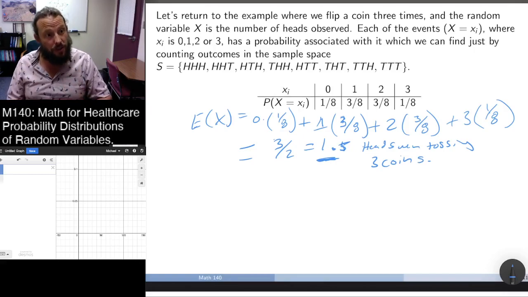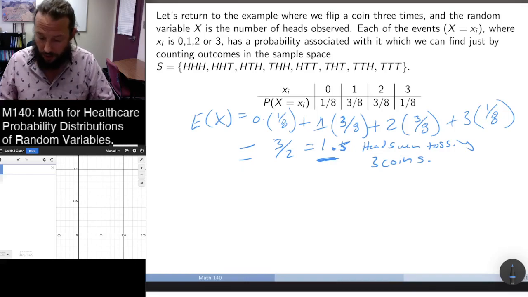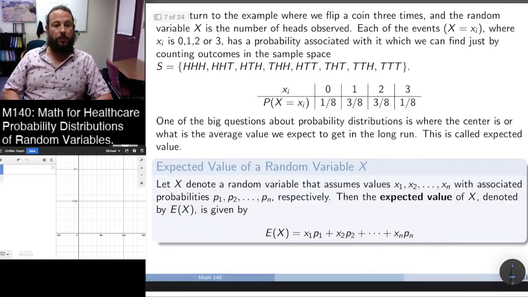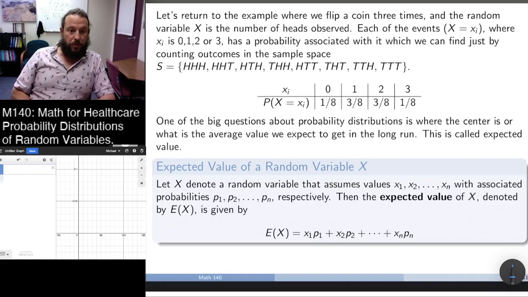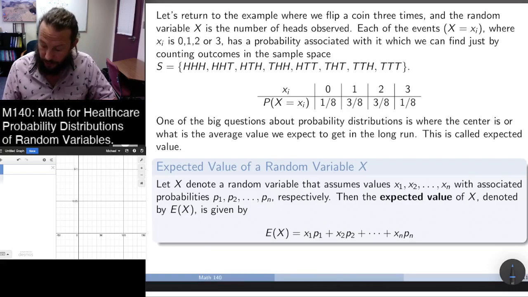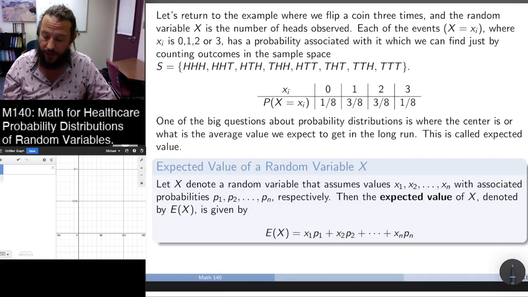And notice there's units involved. They're whatever the units are of my random variable. In this case, it was heads when tossing 3 coins. Okay, so what's our definition here? For a general formula for the expected value of a random variable x, just like I said, it's going to be x1 times the probability 1. In my case, that probability 1 was the 1/8. The value times the probability of that value happening.